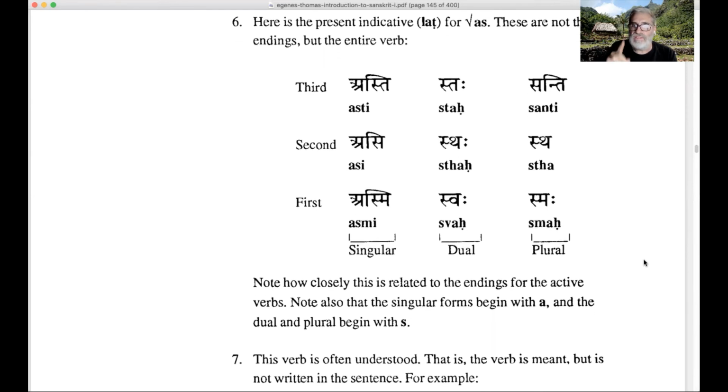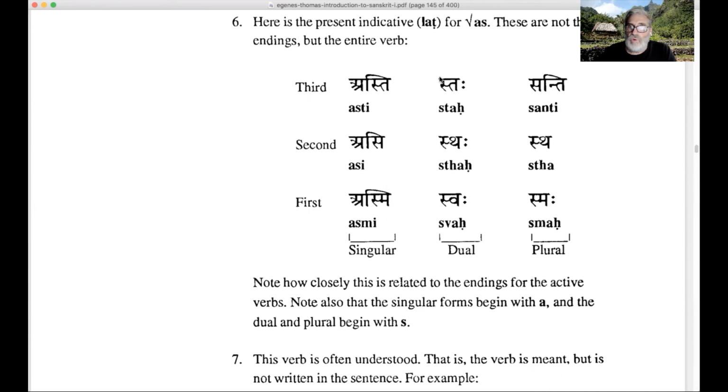Note how closely this is related to the endings of the active verbs, those parasmaipada endings: bhavati, bhavataha, bhavanti, bhavasi, bhavathaha, bhavatha, bhavami, bhavavaha, bhavamaha. The endings are very close. Note also that the singular forms, in the first left-hand column, begin with A: asti, asi, asmi.